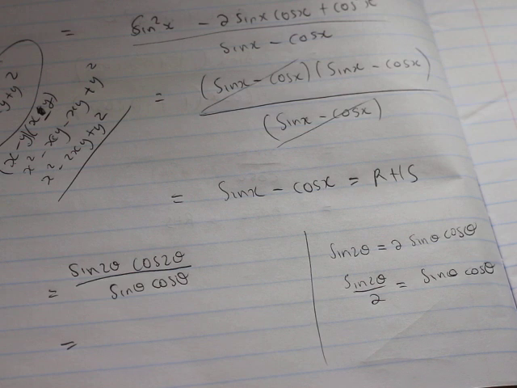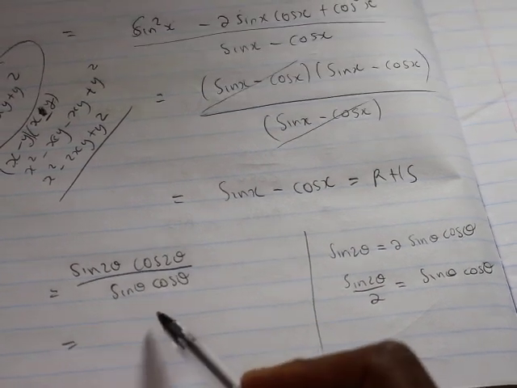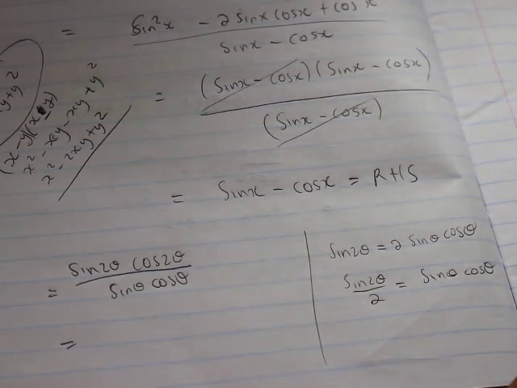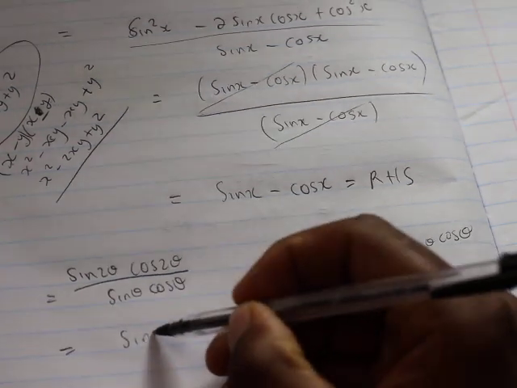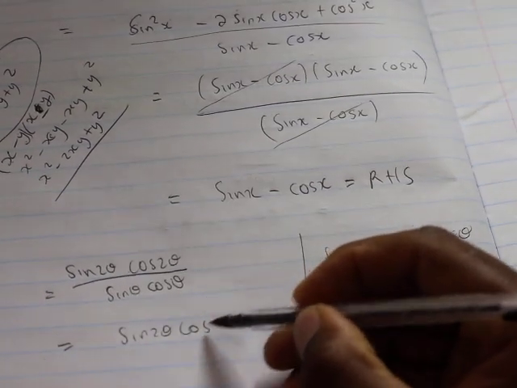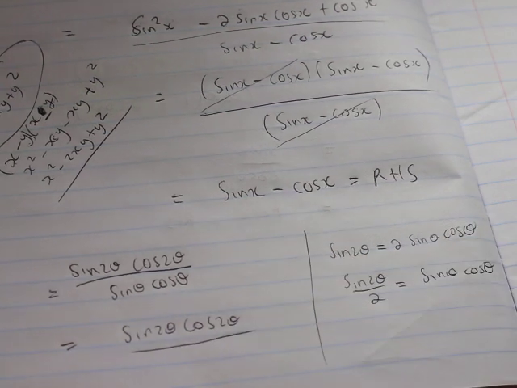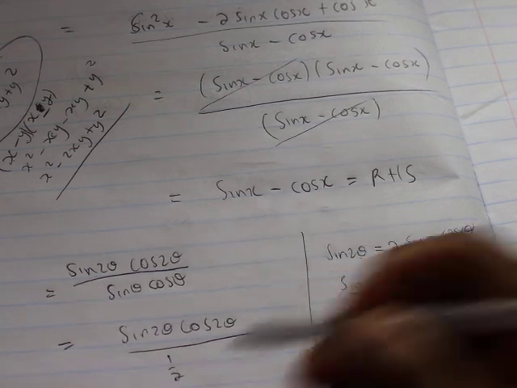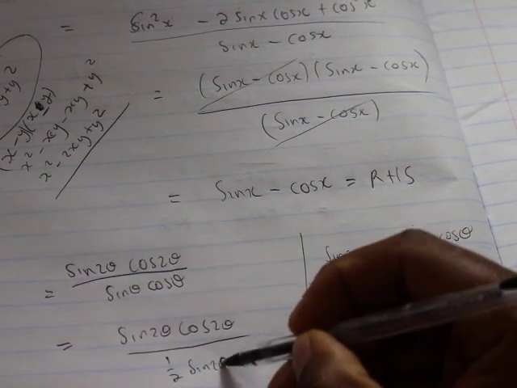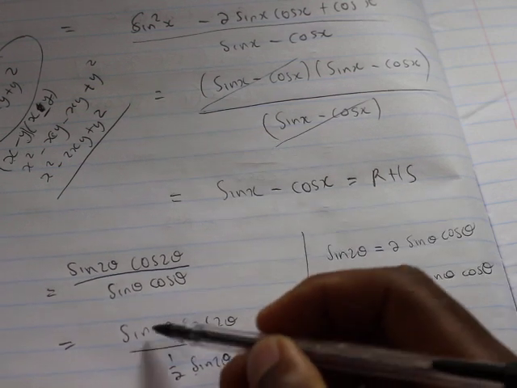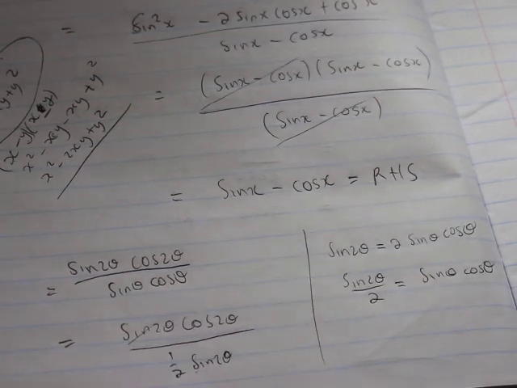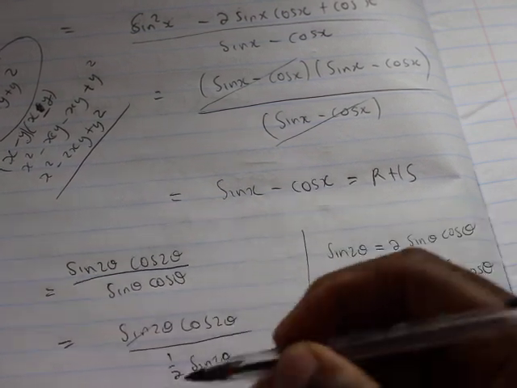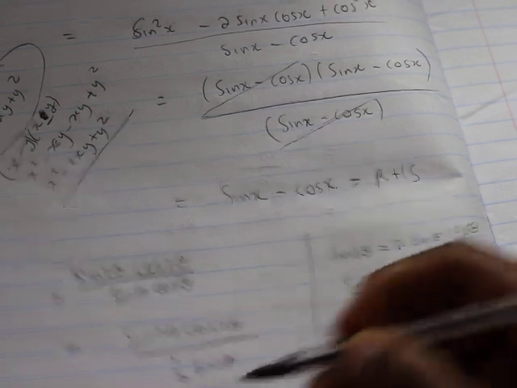So now we can replace this with that. So we're going to have sine 2 theta cos 2 theta divided by 1 over 2 sine 2 theta. So this is going to cancel with that, and then we're going to have 2 cos 2 theta.